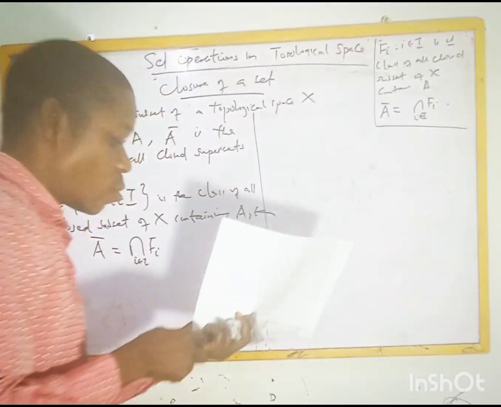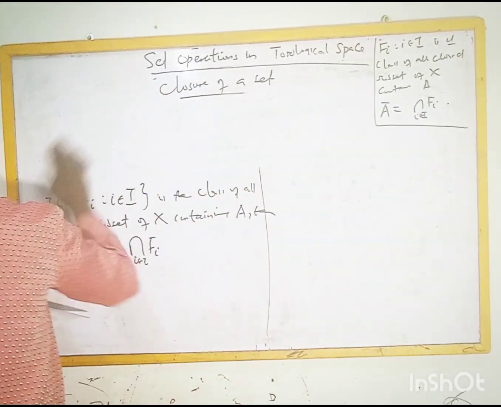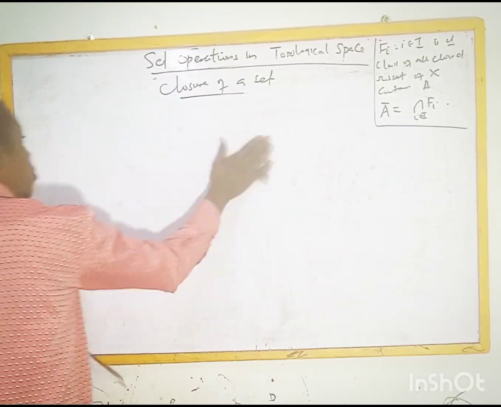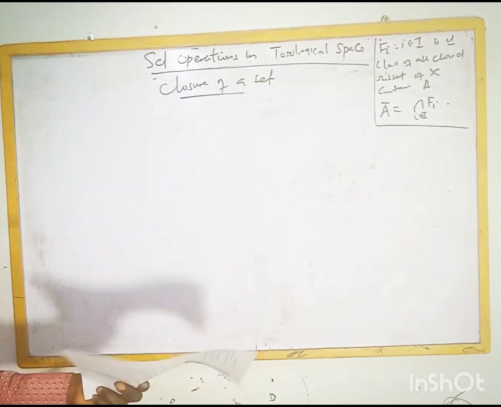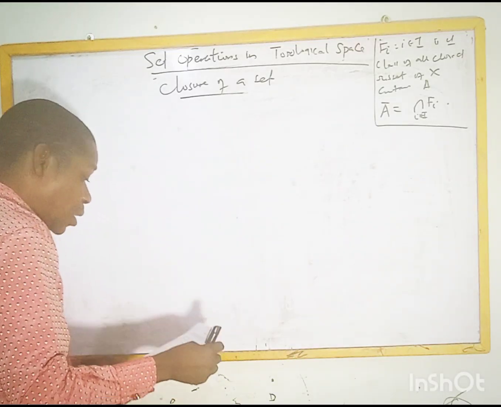So that is what we have. Now let's look at this example for the closure of a set. How do we determine the closure of a set? It's very simple to determine that.